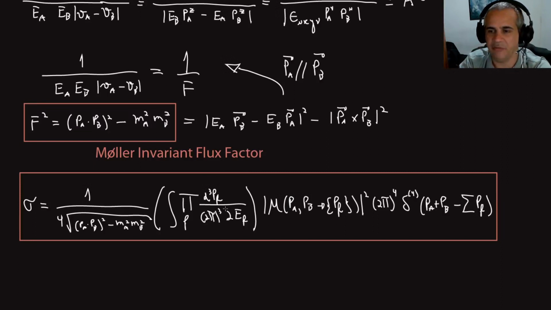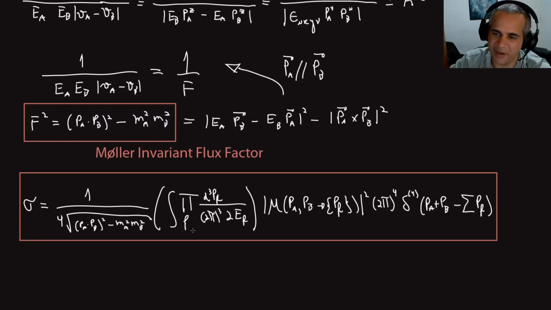But you need to be careful about the integrals. The easiest way of doing it is really to integrate over all momenta, but if the particles are identical, you have to remember that you integrated over more final possibilities than really there are, and you have to divide by n factorial, where n is the number of identical particles in the end, right?